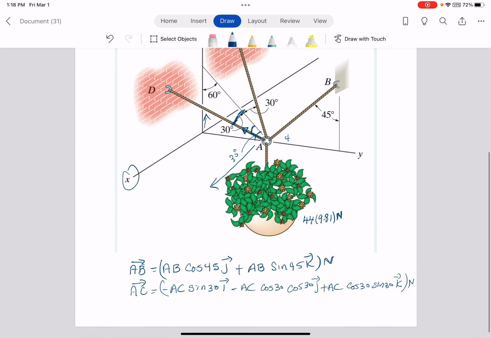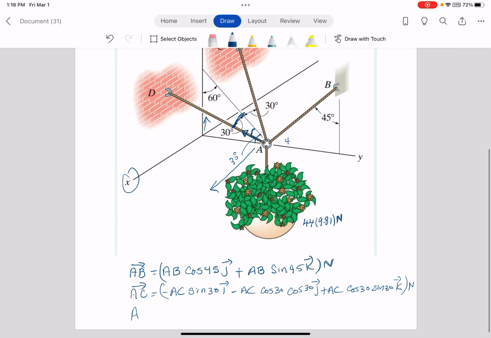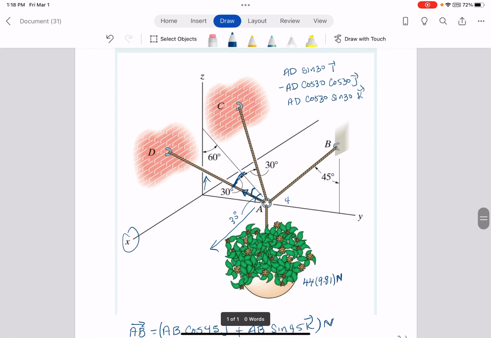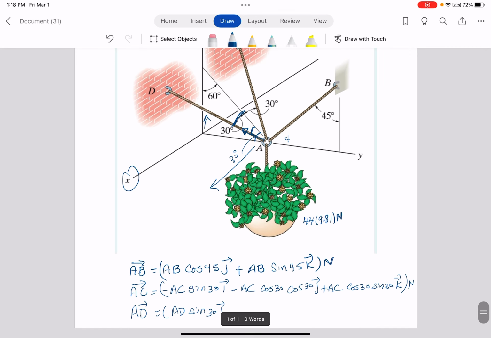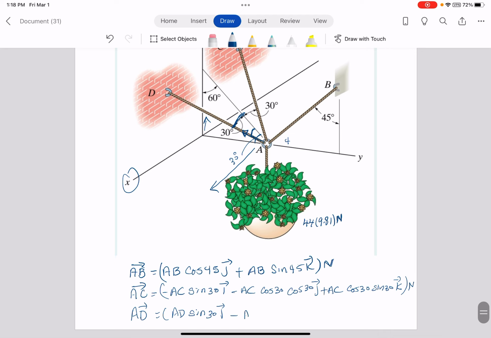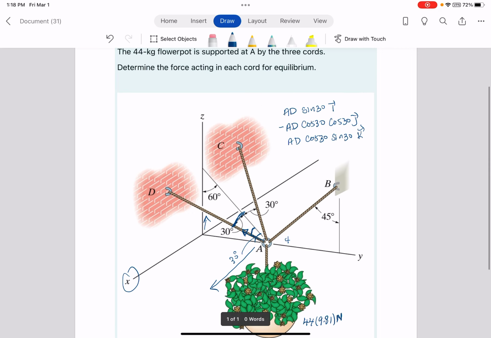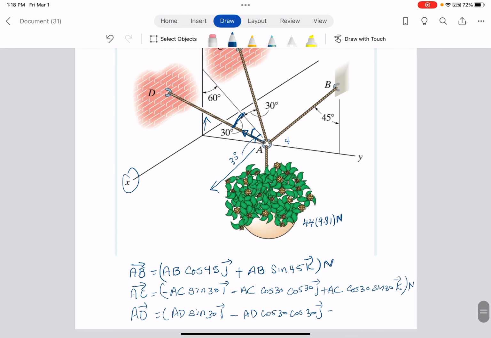So AD sine 30 i, minus AD cosine 30 cosine 30 j, plus AD cosine 30 sine 30 k.